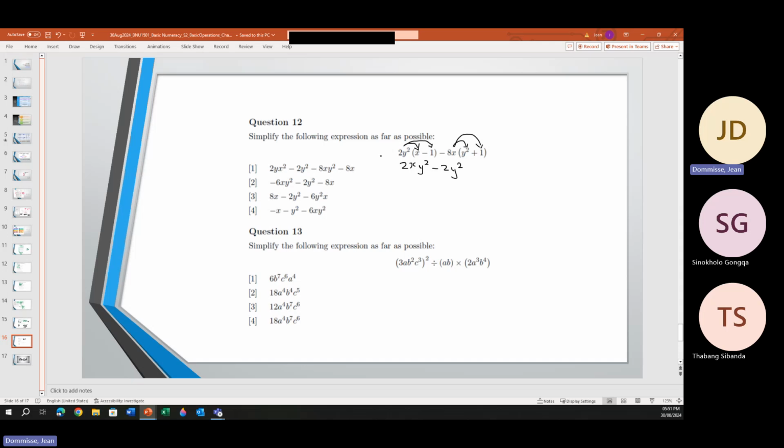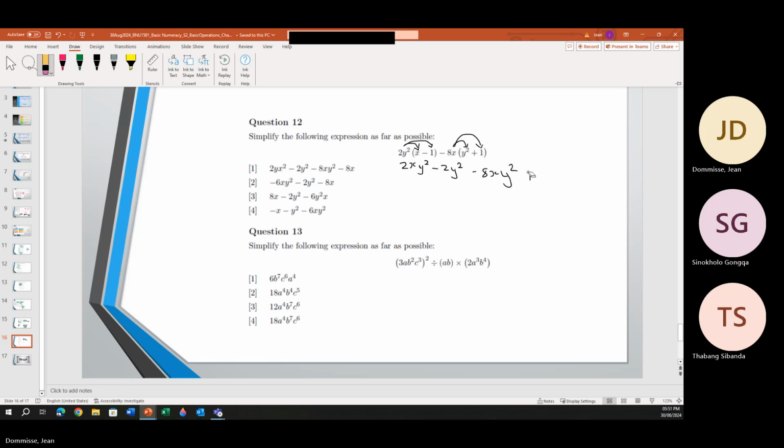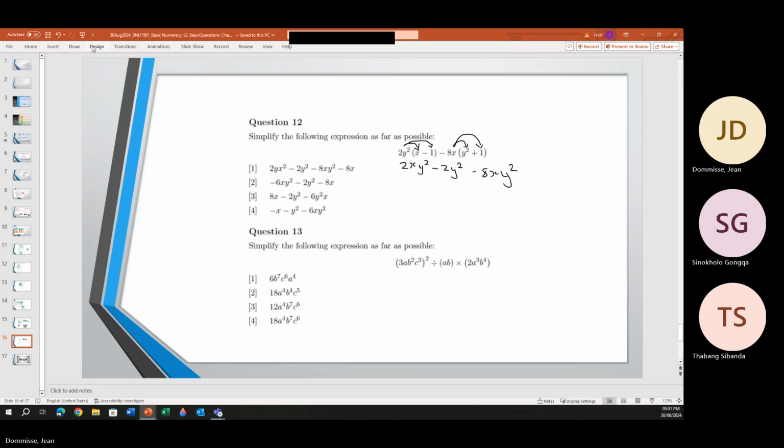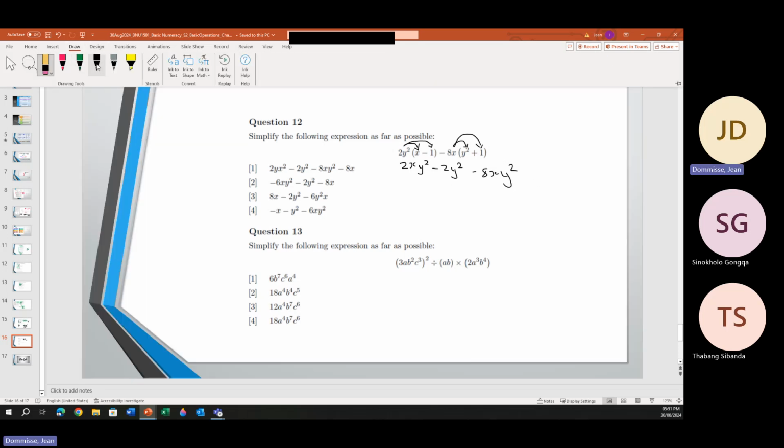So that first term we've done. Then we do the second one. So minus 8x times y to the power of 2 is minus 8x y to the power of 2. And then minus 8x times plus 1 is minus 8x.